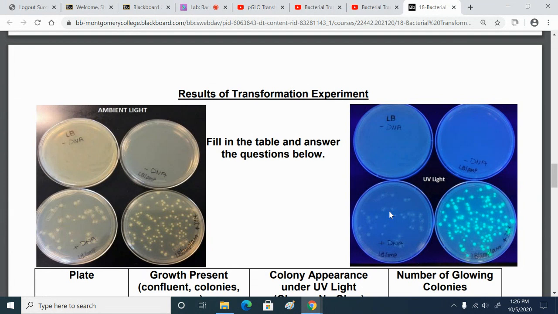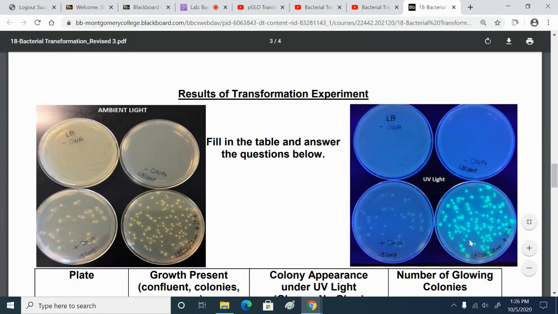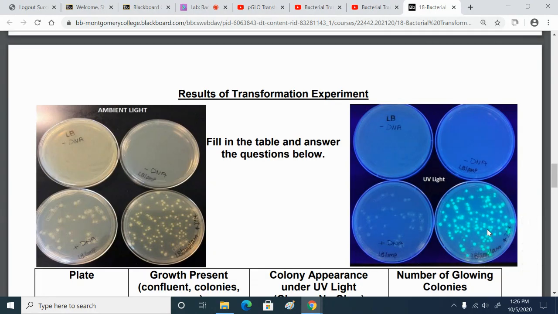Only one agar plate contains the arabinose sugar, and that's this plate. You can see the LB-AMP ARA, so the arabinose sugar is in this plate. And so these bacteria have both things that they need to turn on PBAD and start transcribing the green fluorescent protein.